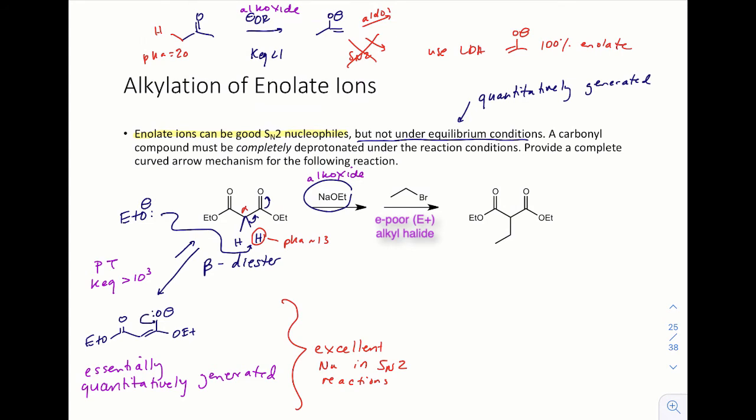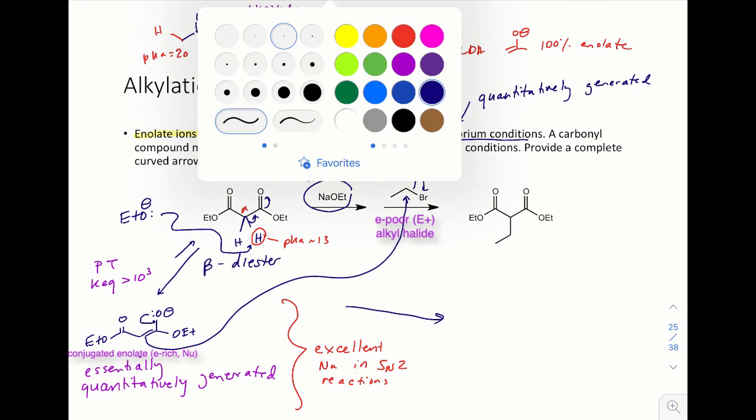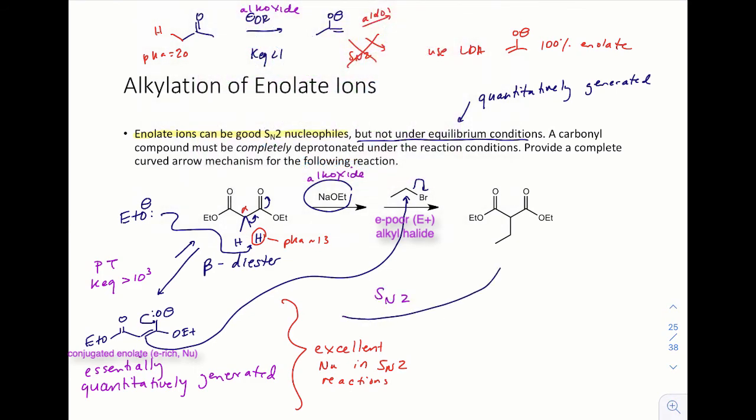Reform the strong carbonyl, attack the alkyl halide in an SN2 reaction, and generate this alpha-alkylated product. So that's cool. These 1,3-dicarbonyl compounds can be converted to enolates under pretty mild conditions, alkoxide bases, and then alkylated in an SN2 reaction. With just normal ketones, this required LDA, which we know is not mild.